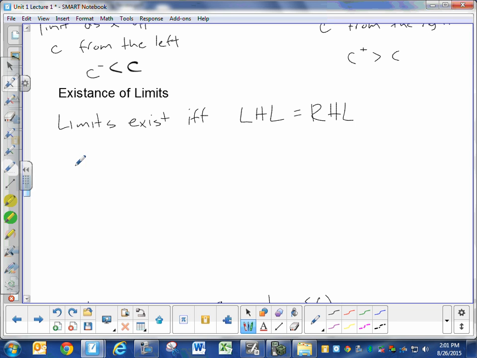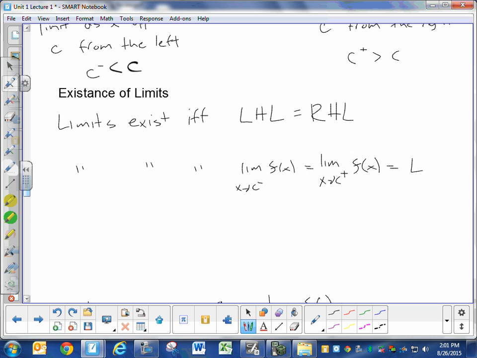Using notation, limits exist if and only if the limit as x approaches c from the left equals the limit as x approaches c from the right, which is equal to some y value L.